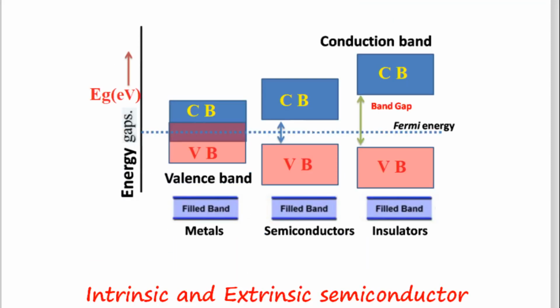And this diagram is very important for us, because below the valence band there is one more band shown. It is a filled band. And here one more concept is introduced, and that concept is of Fermi energy. So what is Fermi energy? Now try to understand from this diagram.